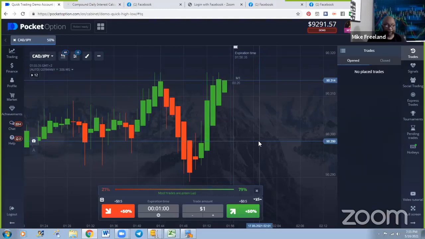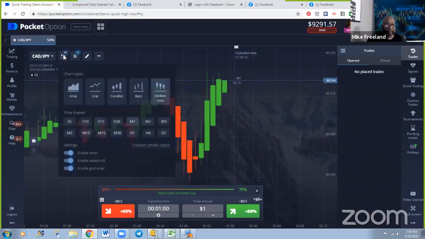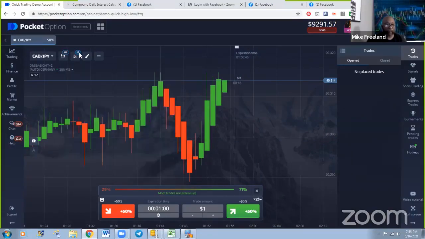All right. So to start, you need to have your candle set for 1 minute, and it shows up here in the corner of the candles. You also want to have, in the box here where you place your bet, or your trade, I should say, this set at 1 minute.